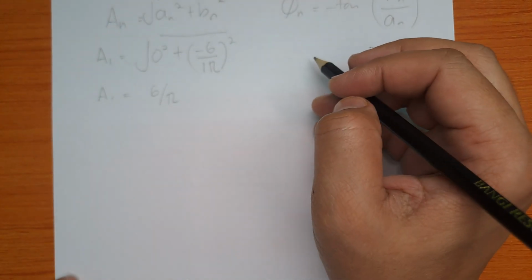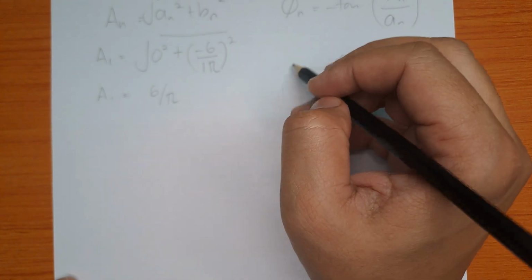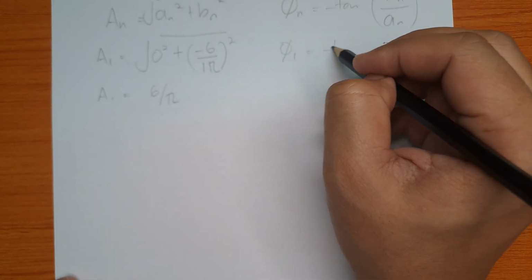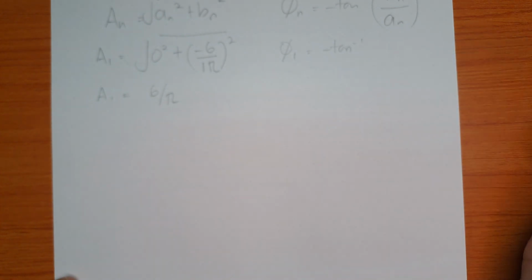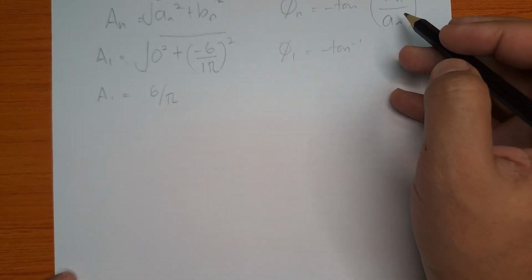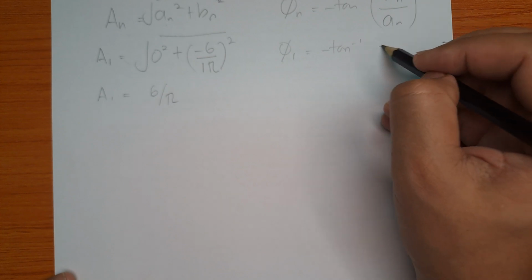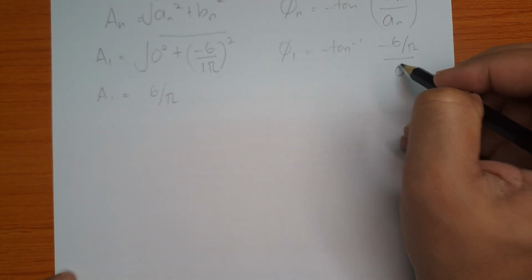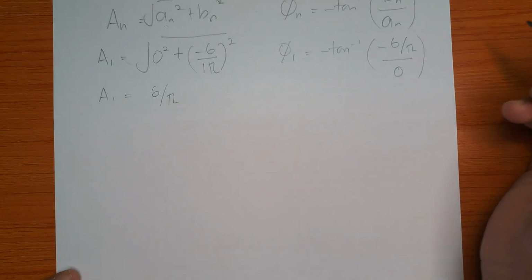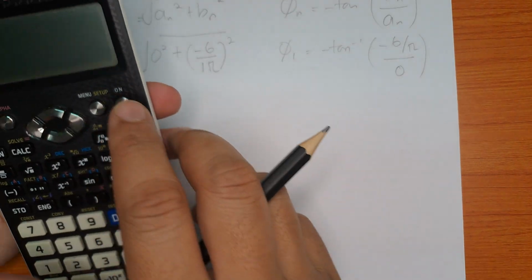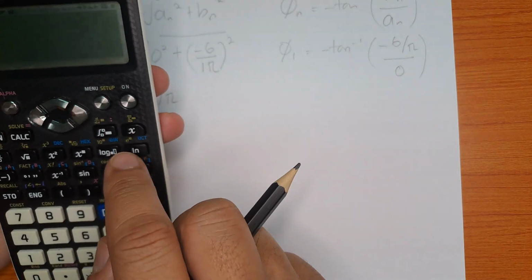Now for phi n, or the first angle, b1 is negative 6 over pi divided by 0. So here, if you forgot about the value, you can just use your calculator, right?